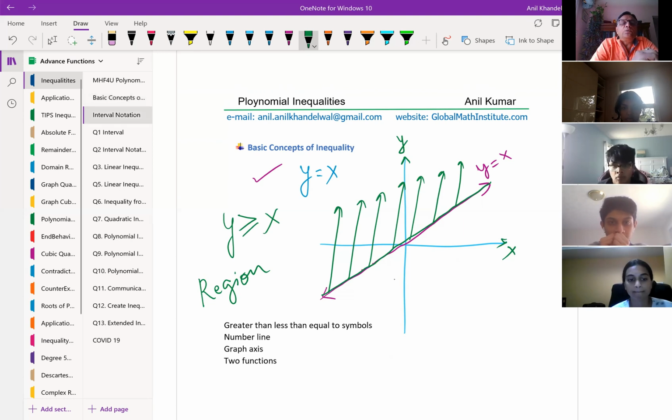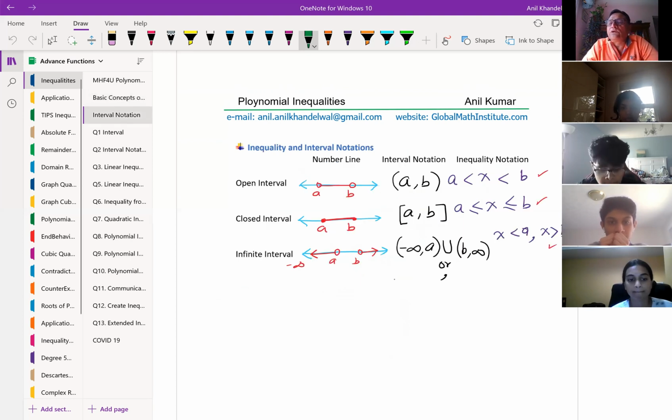There are 3 different ways in which we represent a solution of an inequality. One we call a number line. On a number line, you can show the solution. You can use interval notation, which is shown here within brackets, or with the help of the inequality sign itself.